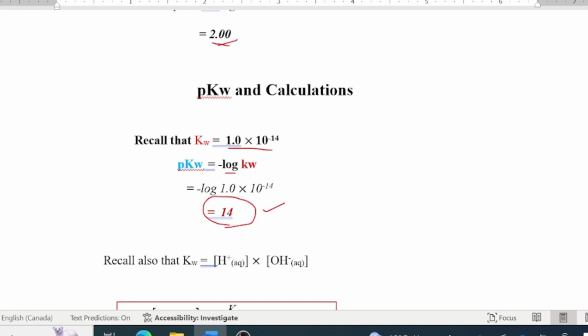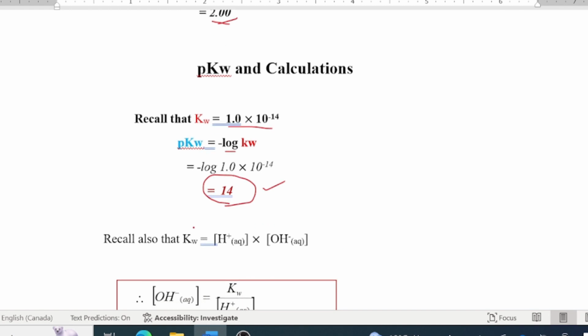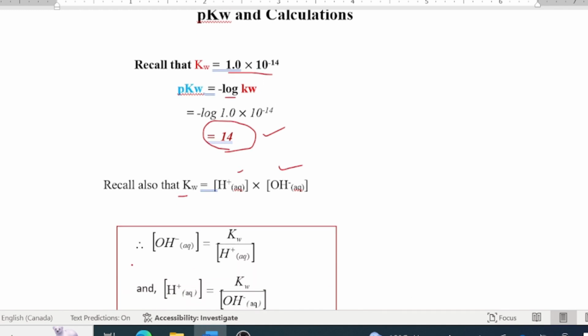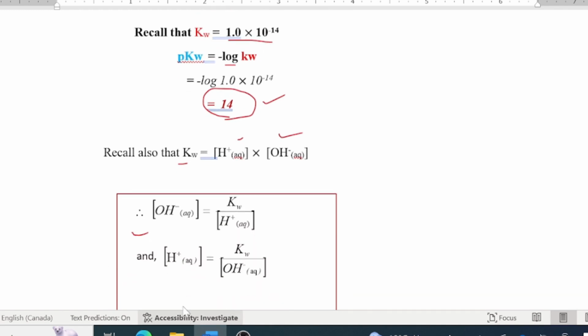But we also know that Kw is equal to that times that. And again, we can find what OH is. We can find what this is. Okay, we've spoken about that already. Okay, watch now.